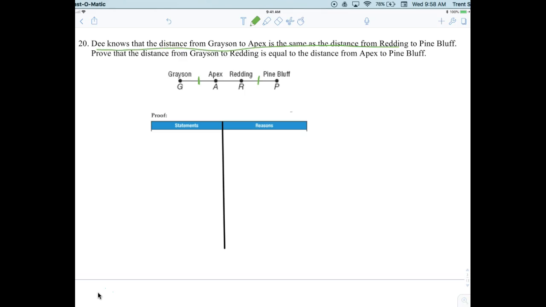These two things we know are true, and now we're trying to show that GR is the same as AP. Is that correct? Right, that's what we're trying to prove. Is everybody good with that?